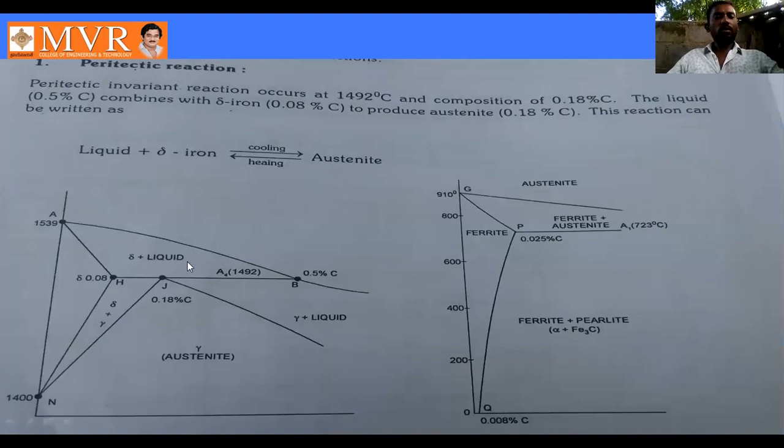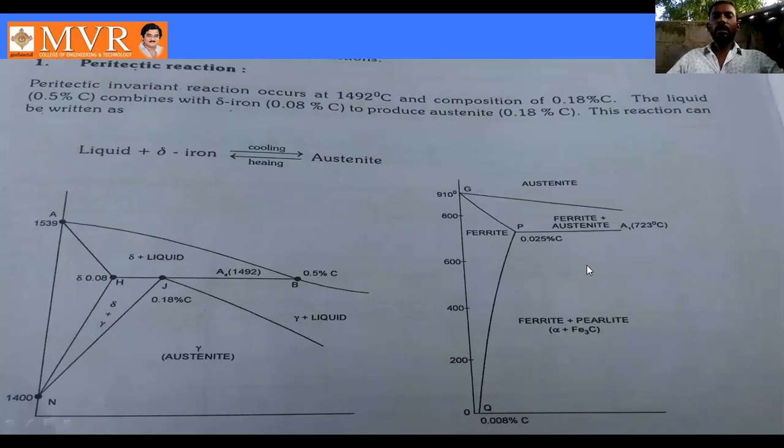So next, when the temperature is reduced, the phases are delta plus liquid, delta plus gamma. So coming to this one onwards, gamma plus liquid, delta plus gamma, delta iron plus gamma plus liquid. Finally we get the austenite structure. So it is one of the examples.